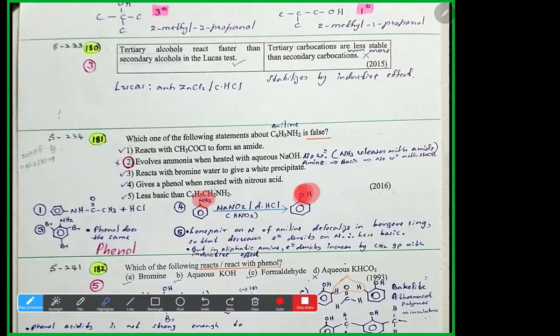Nitrous acid gives phenol, true. Less basic than this, yes, because the lone pair on the nitrogen delocalizes in the ring. It's not happening here, so you have an extra CH2 here. The lone pair on the nitrogen of aniline delocalizes in the benzene ring, so that decreases electron density on nitrogen, therefore less basic. But in aliphatic amines, electron density increases by the CH2 group with inductive effect as well. 181, answer 2.